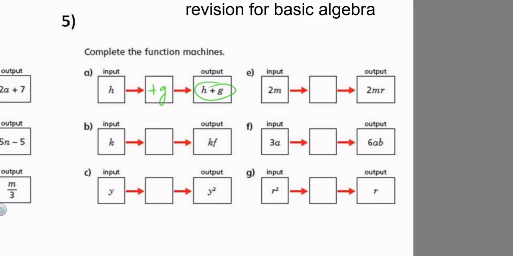So obviously it's K times F. K times F is KF. The time symbol disappears. Here, notice you got y squared, so it'll be y times y. Remember, y times y is y squared. For example, a times a is a squared, 3 times 3 is 3 squared, and so on.